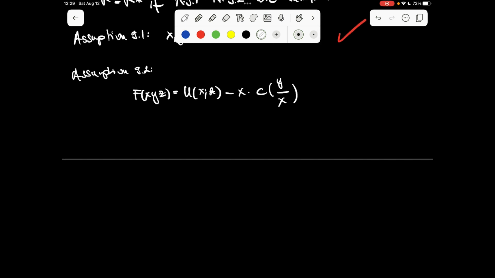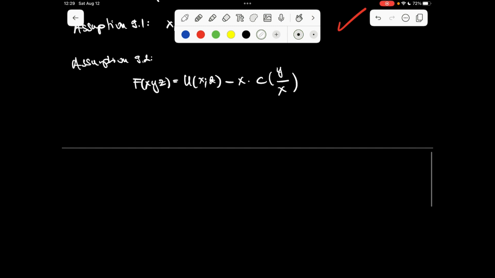We cannot exclude the possibility that f takes either sign, so we need to refer to assumption 9.2b, so we need a specific limit. To this end, it would be great to have an upper bound.